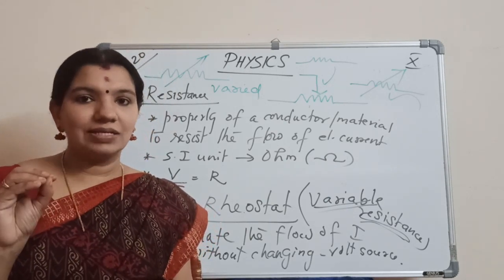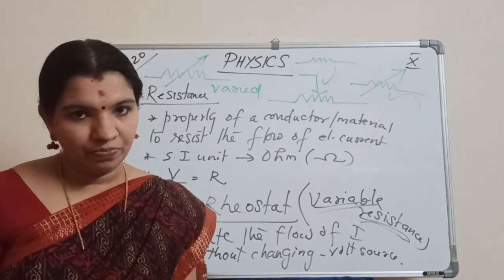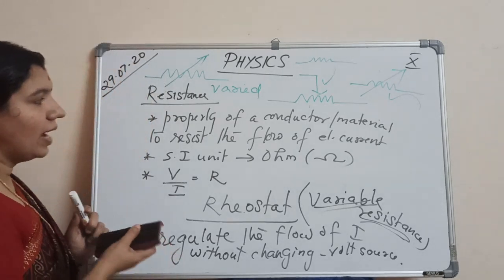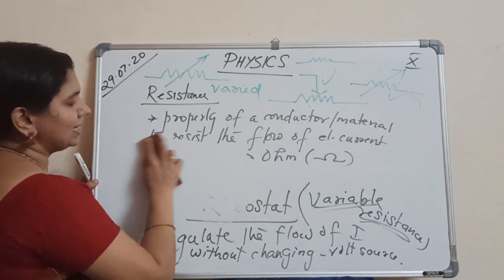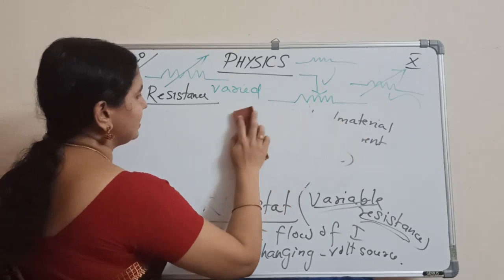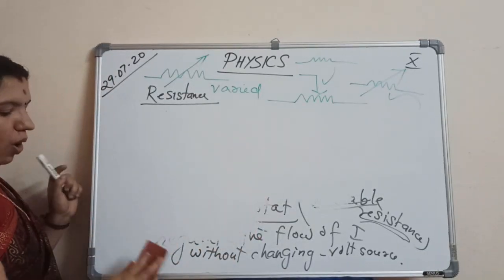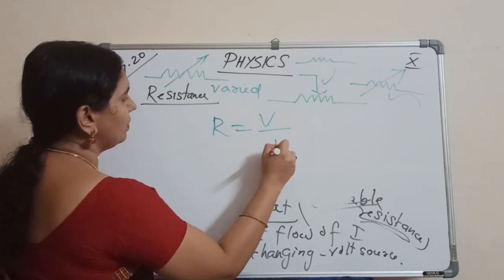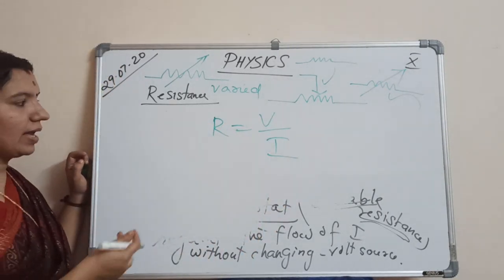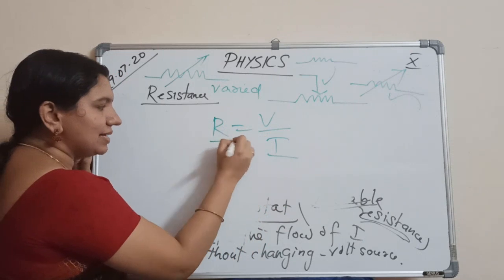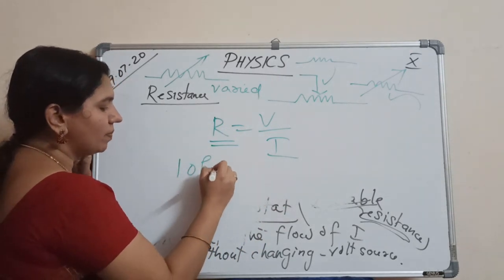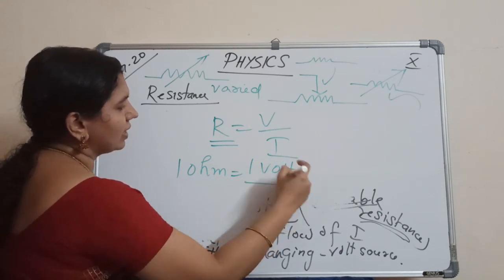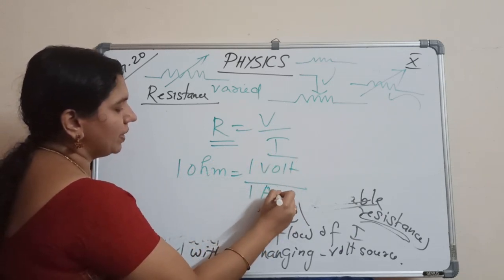Okay, so R is equal to V by I. Now we can discuss more about the unit. Okay, I said that the SI unit of resistance is ohm, isn't it? The resistance has its unit as ohm, and it has an equation like R is equal to V by I. So I can say that the resistance becomes 1 ohm when the potential difference is 1 volt and current is 1 ampere.